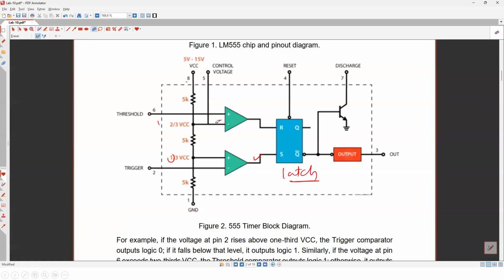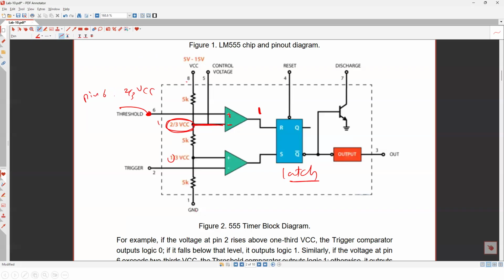Let's see what the input is here. One input, at the negative, is 2/3 VCC. The other input is connected to pin number 6, which we call the threshold. I will make it easy. If the voltage at pin number 6 is less than 2/3 VCC, the output here should be 0. If the positive pin is greater than the negative, which is 2/3, the output here is 1.